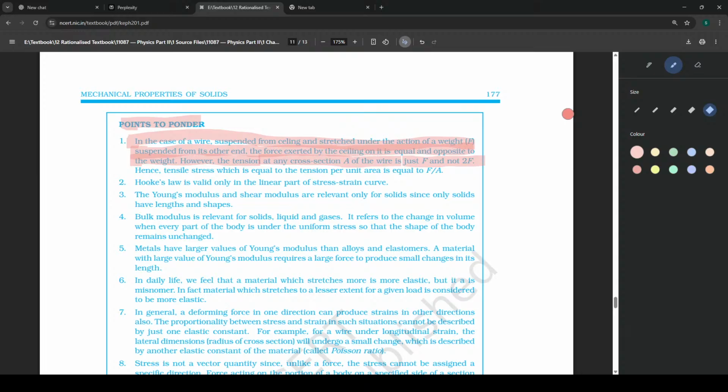This is Newton's third law: when the wire exerts a force on the ceiling, the ceiling exerts an equal and opposite force on the wire, through which they attain equilibrium. However, the tension at any cross section A of the wire is F and not 2F.